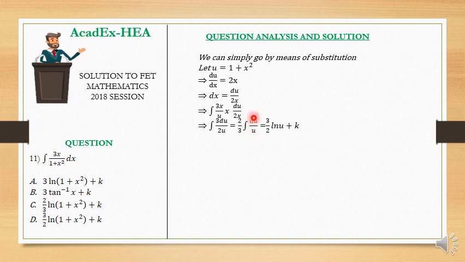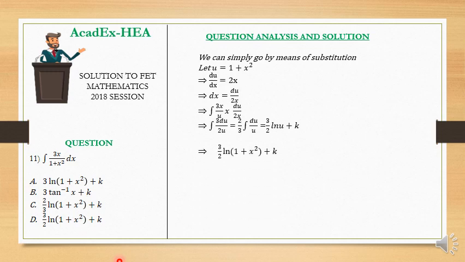We already recognize that the integral of du over u is equal to ln u. If you don't know that, then you need to master that now. The integral of du over u is ln u. So that's what gives us 3 over 2 ln of u, then plus k, which is the constant of integration.